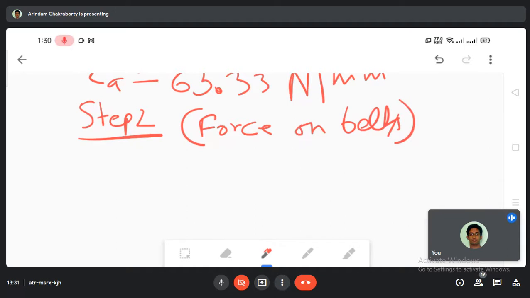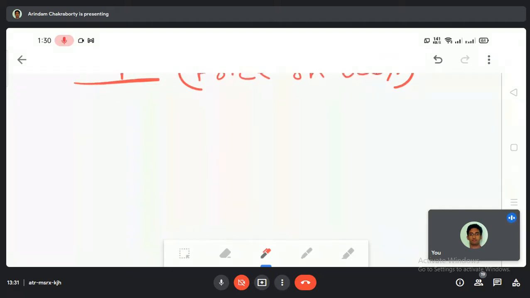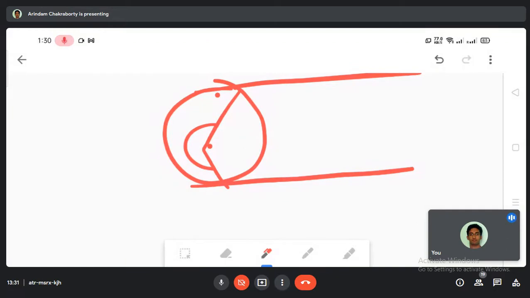As I have told you in the earlier classes, there are prerequisites where we have understood that a belt is wrapped on a pulley, or it may be any wheel, anything. What we do is we consider this angle to be theta, and the connection between them we term as the static connection.